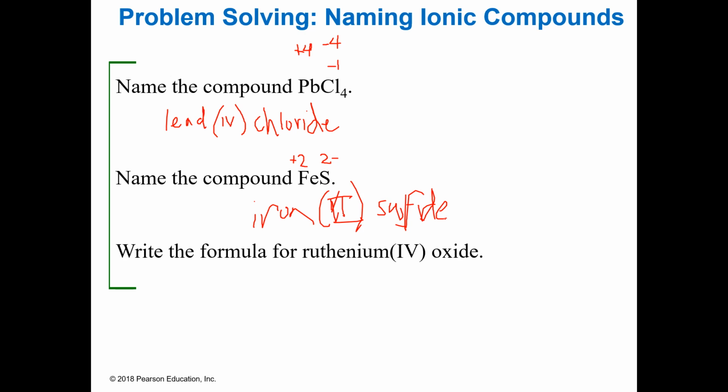Okay. All right, on the flip side here we're given the name and we're asked for the formula. So this is telling me that my metal has a +4 charge.